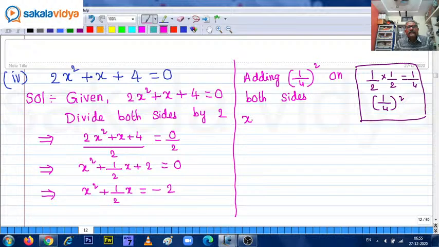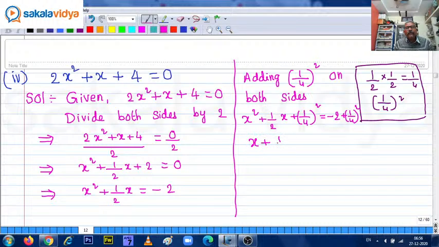So we get x square plus half times x plus 1 upon 4 whole square equal to negative 2 plus 1 upon 4 whole square. So this seems to be rather an a plus b whole square form. A is x, b is 1 upon 4.